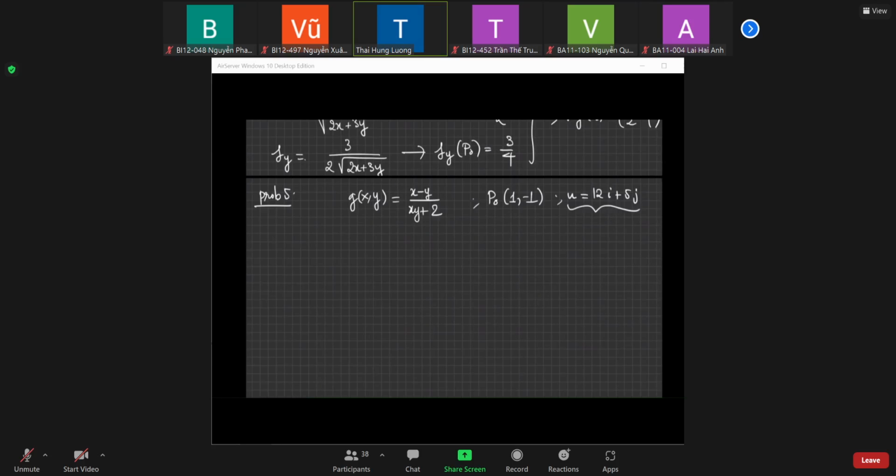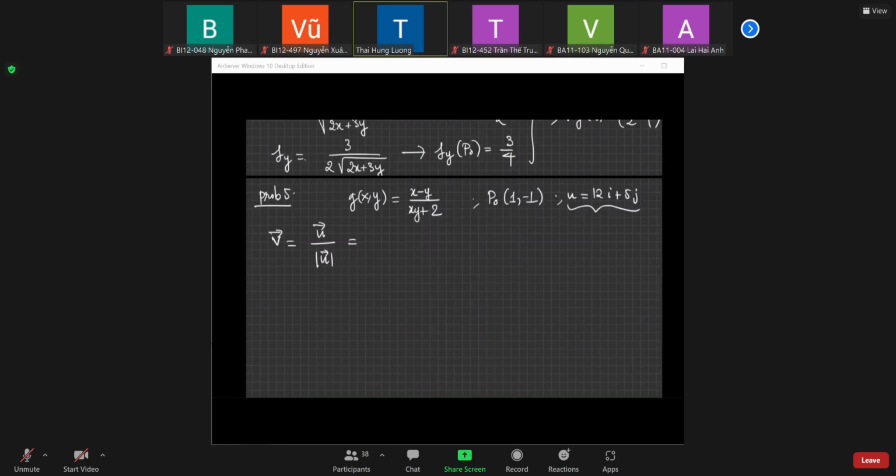So to find the direction of the vector u, you should normalize. I denote the vector v as the normalization of the vector u given by this formula. I think it is familiar to you because you have already seen it in linear algebra.